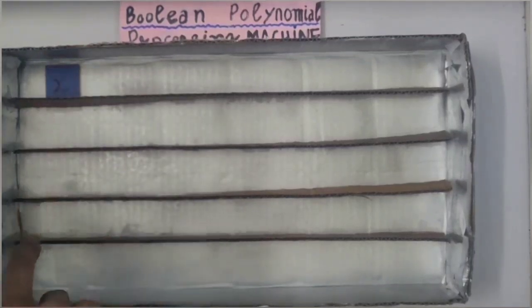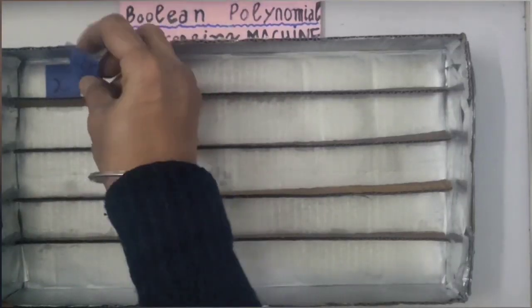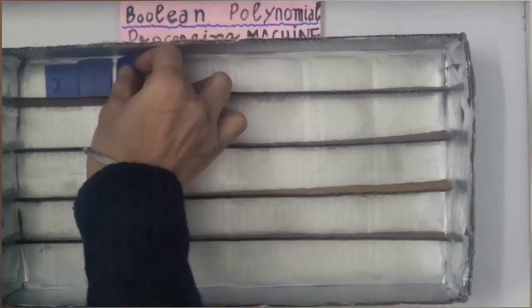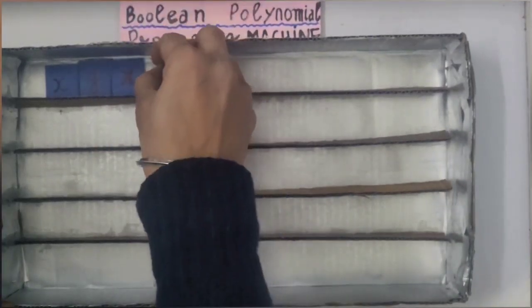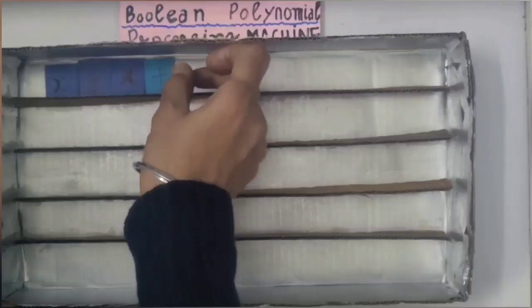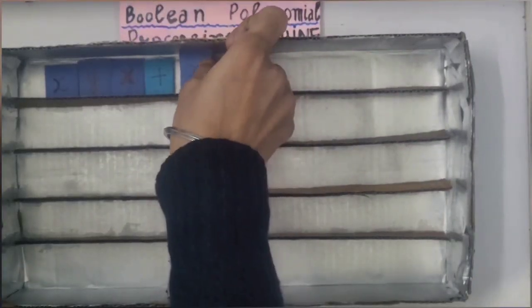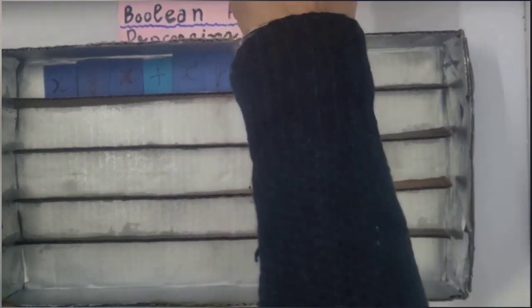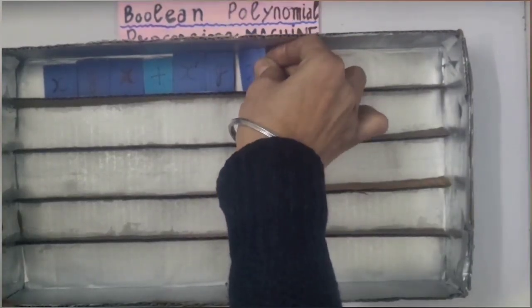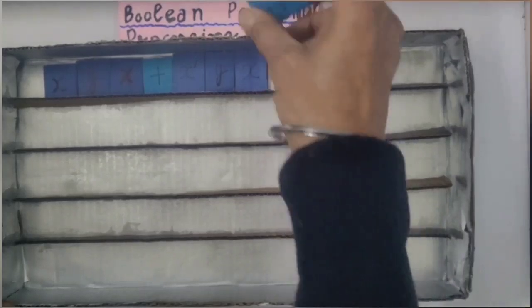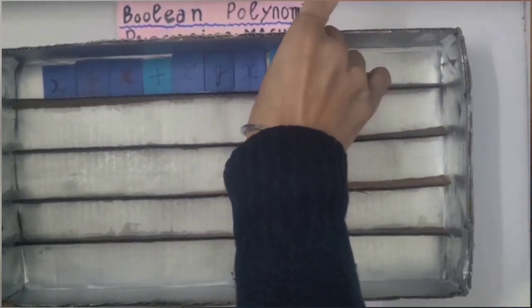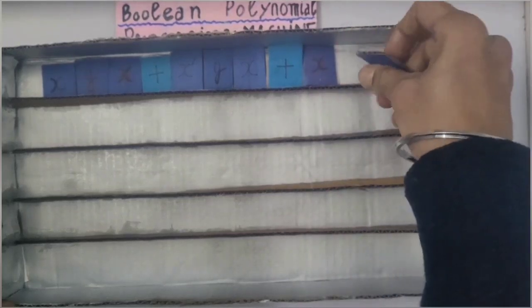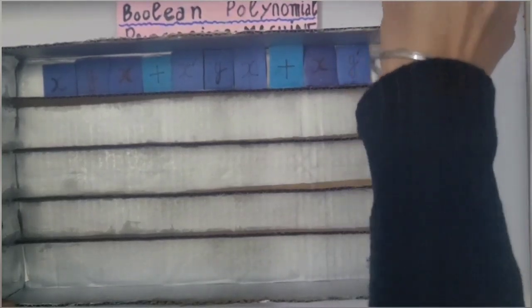in the processing machine. So this is your x, then you have y, and then you have x, and then there was a plus sign, and then x dash, and then y, and then x, and then a plus sign again, and then x, and then y dash, and then x dash.